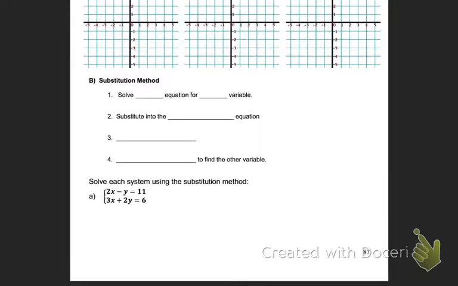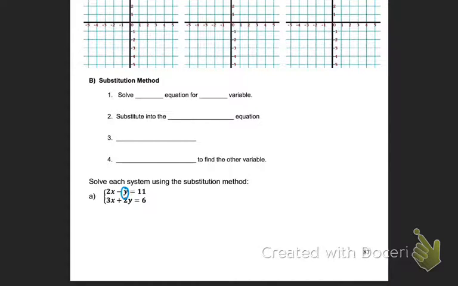So if we look at A, usually what I like to do is find a variable that doesn't have a coefficient attached to it. These all have 2's or 3's next to their variables, but this one is just 1y, 1 in front of it. Whenever I see that, I don't have to divide by anything, which makes life a little bit easier.